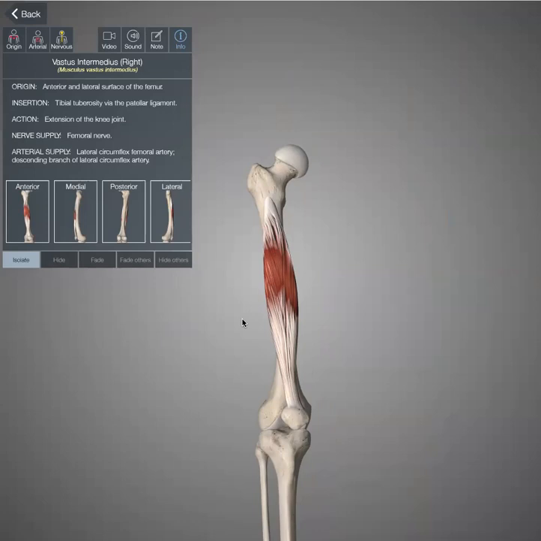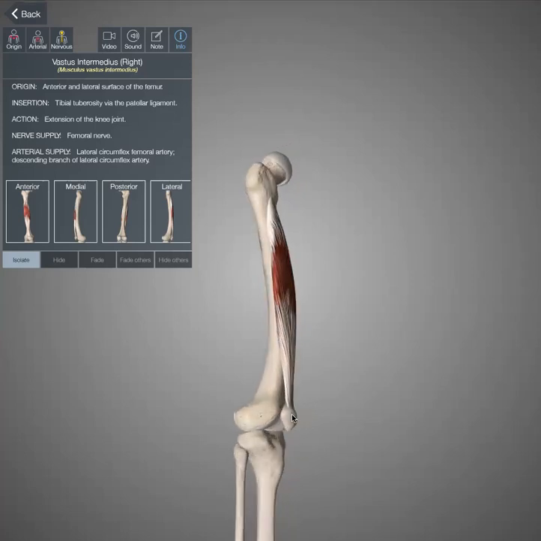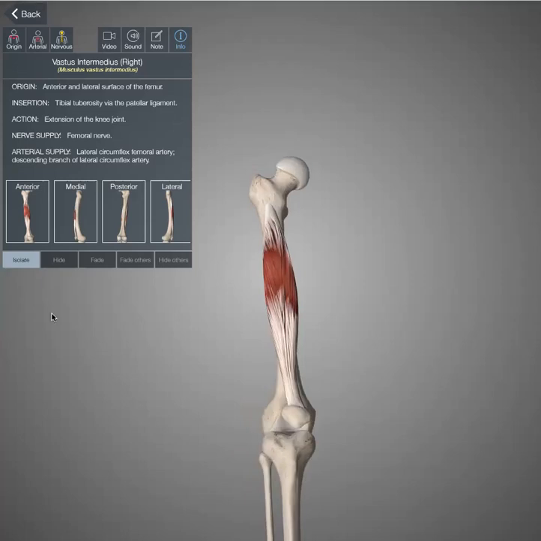Attached to the tibial tuberosity through the patellar ligament, okay? That's the insertion for all of those muscles. And then the action of this is that it extends the knee joint again and stabilizes the patella again, okay? Innervation, femoral nerve, okay?